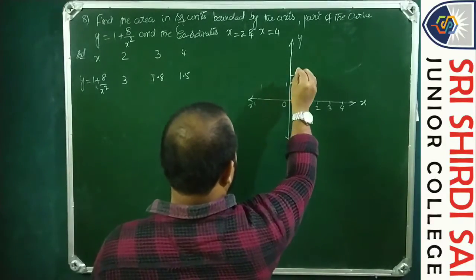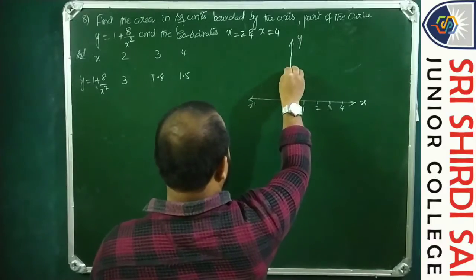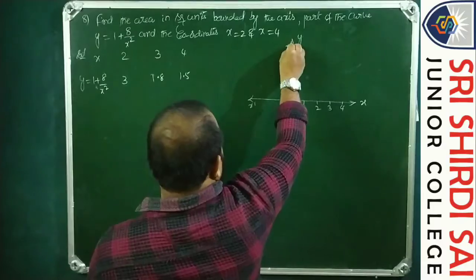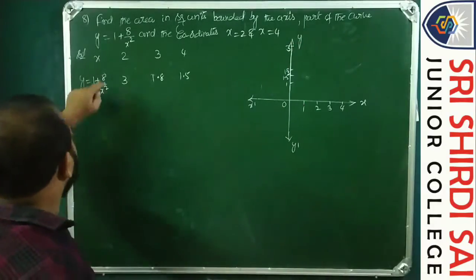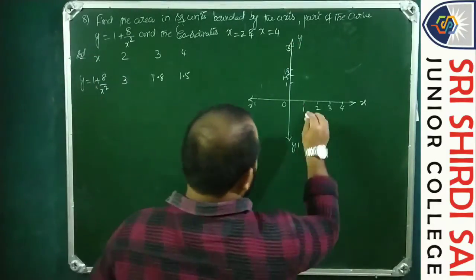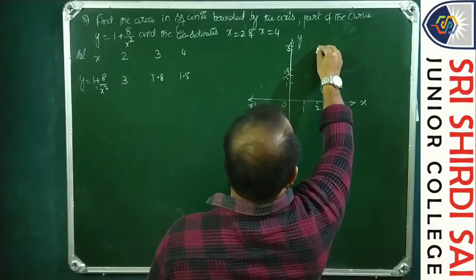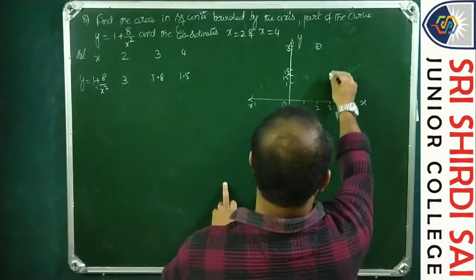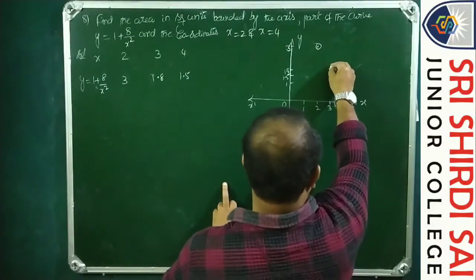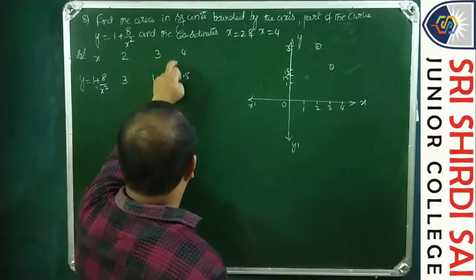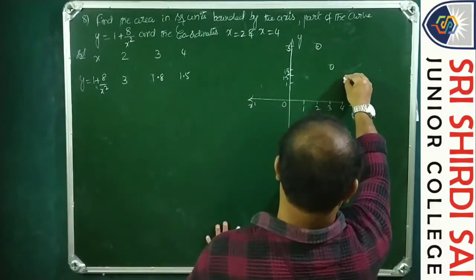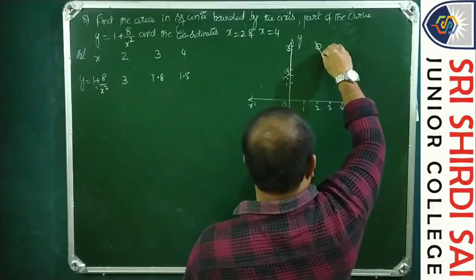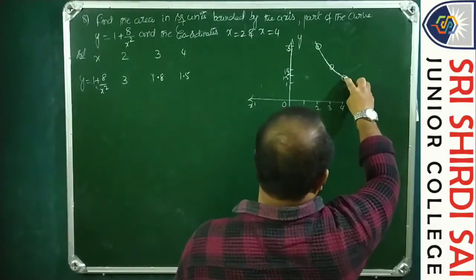This is 1.5. This is 1.8. And somewhere here 3. Now 2, 3 is here. Next, 3, 1.8 is here. Next, 4, 1.5 is somewhere here. So this is part of the curve. We don't know how it behaves.